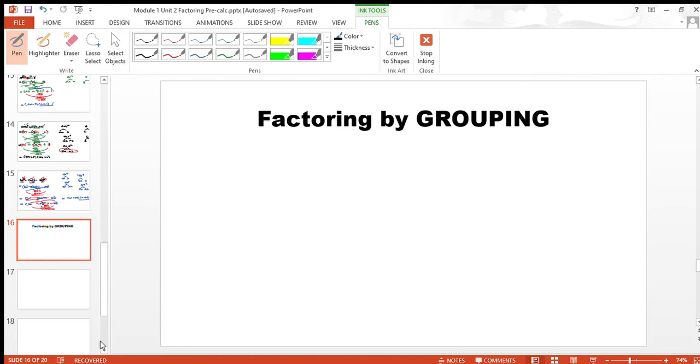Okay? So under factoring by grouping, from the name itself, we now need to introduce grouping. So we group terms together. But before we proceed with factoring by grouping, let's just review how we group terms in algebra.